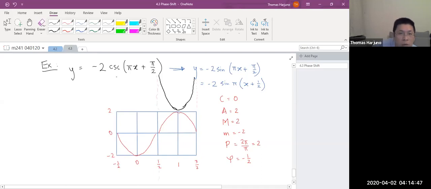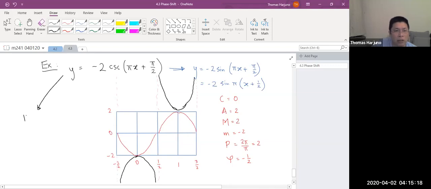You have an asymptote here. Now you have a valley here, the minimum. Then for the cosecant, it will be the maximum. Like that.